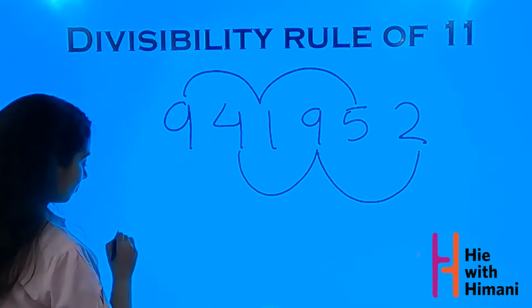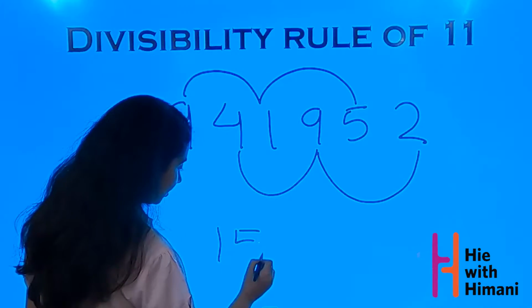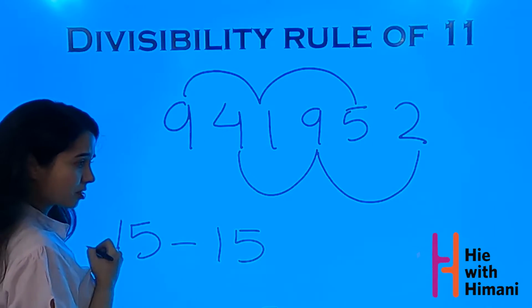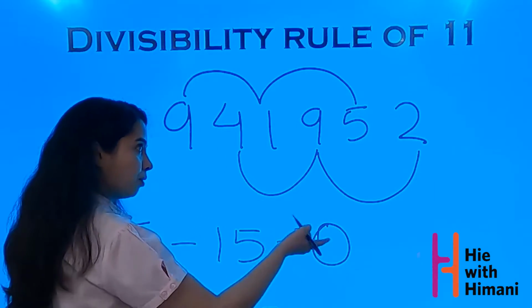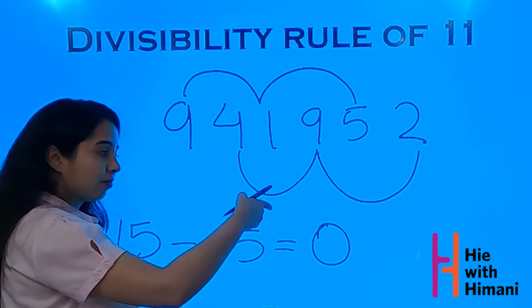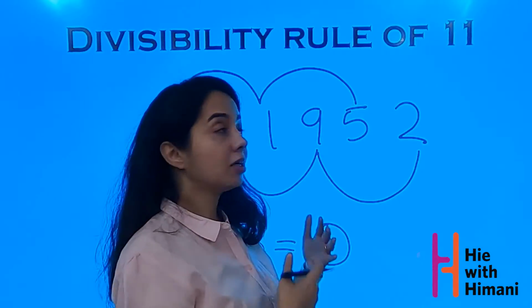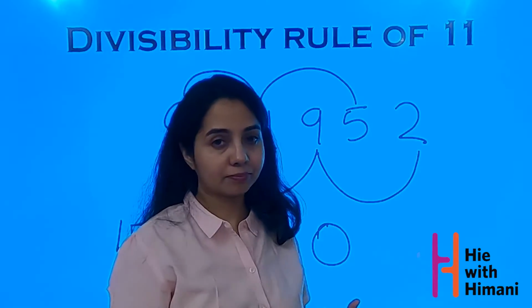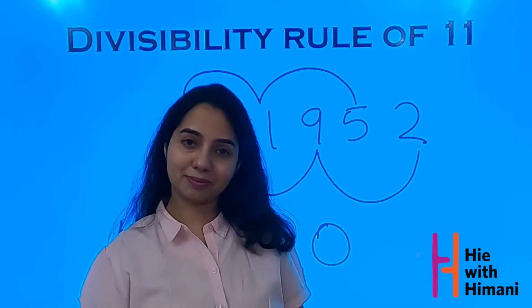For the first it is 15, for the second also it is 15. Then I have subtracted. If the difference is 0, then the number is divisible by 11, or if this difference is divisible by 11, then also the entire number is divisible by 11.